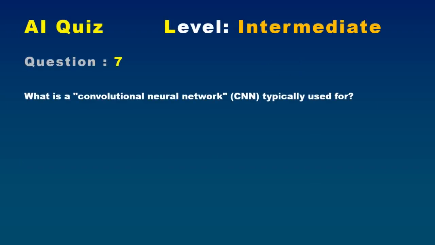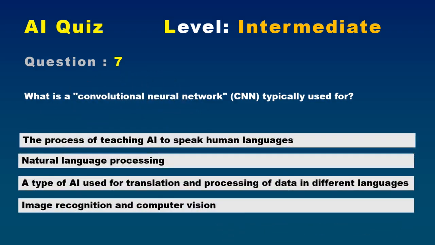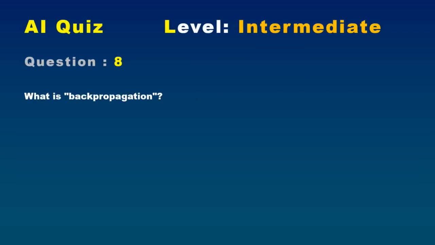What are CNNs typically used for? What is backpropagation?